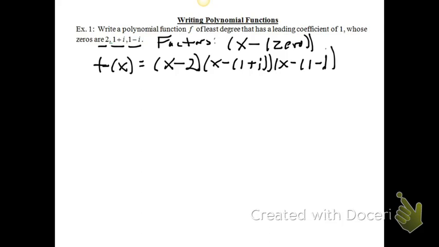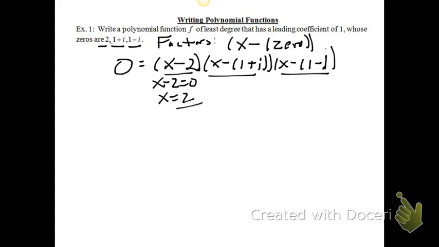Just to kind of work backwards for a second, this makes sense if you think about it, because if you were solving this polynomial for its zeros, you'd have a 0 over here, and you would set each of these factors equal to 0, right? If you set x minus 2 equal to 0, don't you get a zero of 2, which is what we were given? If you set this factor equal to 0, you'd add 1 plus i to both sides, and you get a zero of 1 plus i.